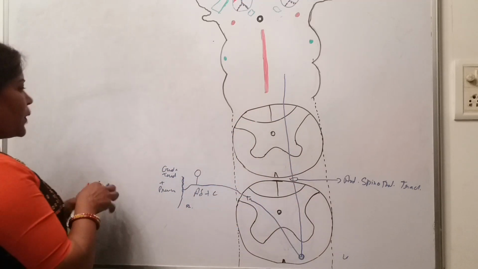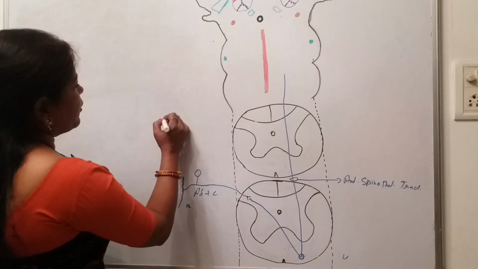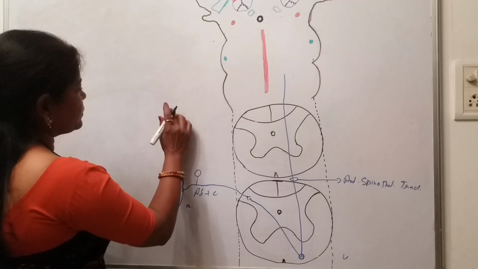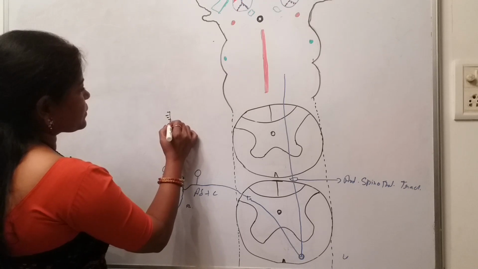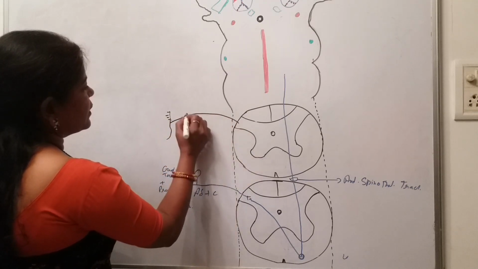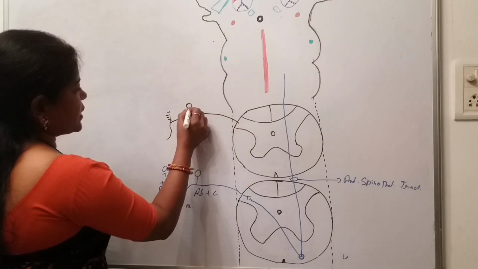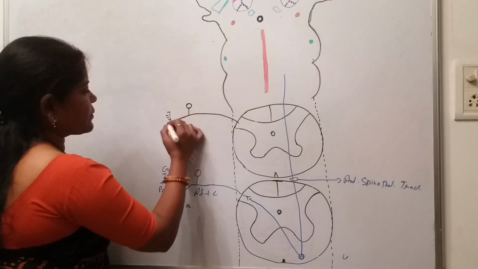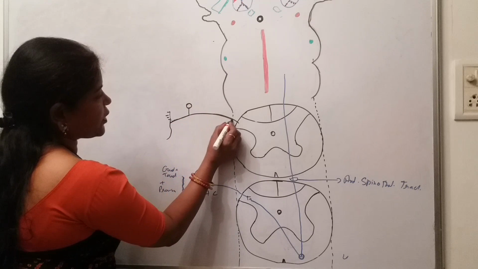Now come to the pain fibers. First, for the fast pain. Fast pain, again this is the dorsal root ganglion, the pseudounipolar neuron, this is the peripheral process, and this is the central process.